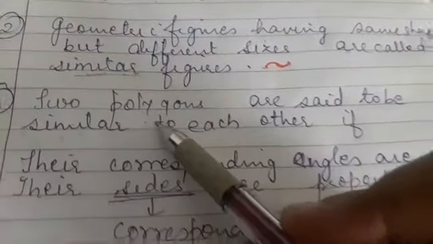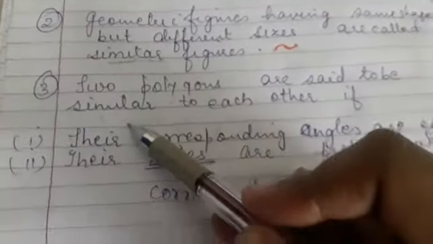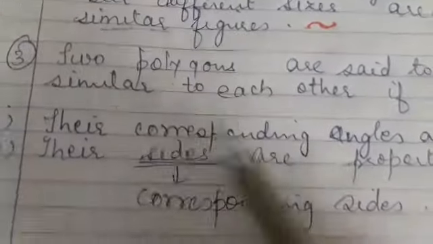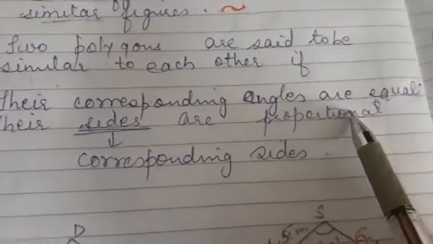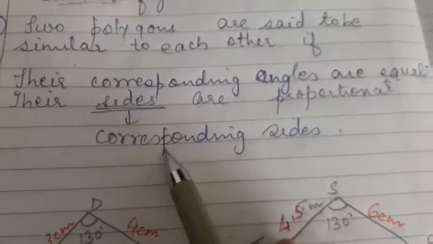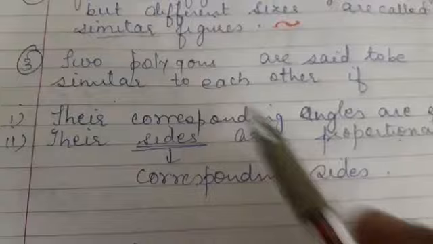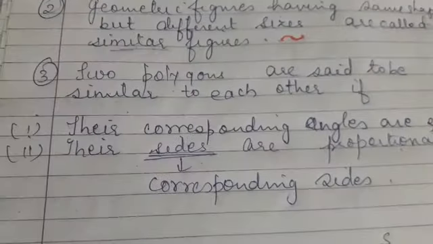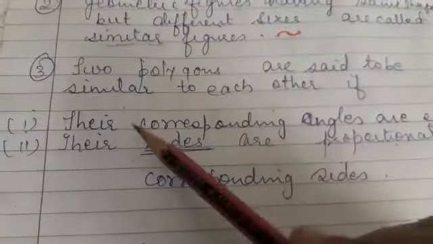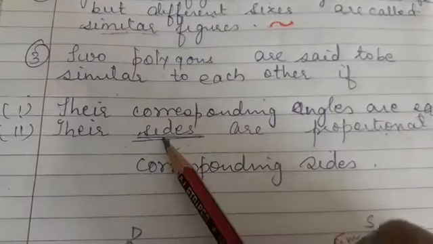Now, any two polygons which are similar to each other will have their corresponding angles always equal, and their corresponding sides will be proportional, or we can say they are in the same ratio. Any two polygons will be similar when the corresponding angles are equal and the sides are proportional.